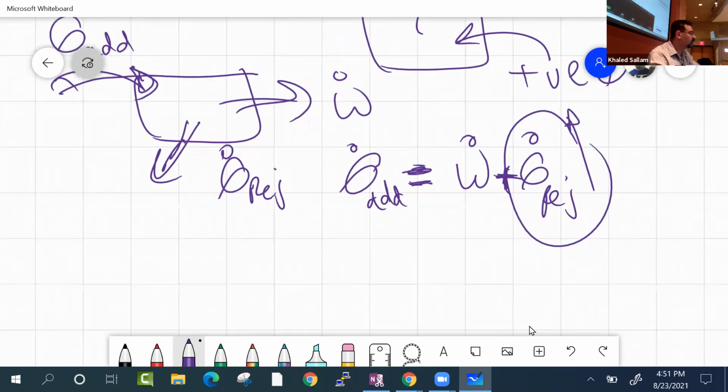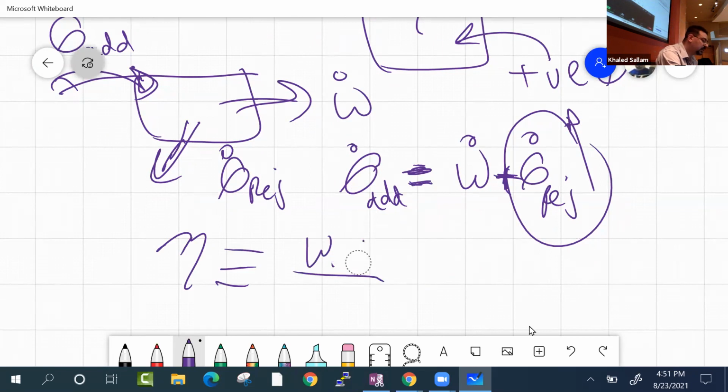So that lecture today is called isentropic efficiency and Carnot cycle. So the efficiency of a plant, of a heat engine, anything that takes heat so that it can make work, what is the efficiency by definition? It's the net work divided by Q added.